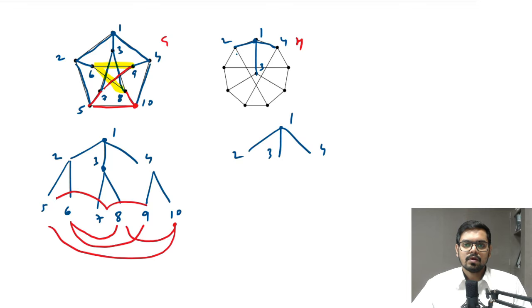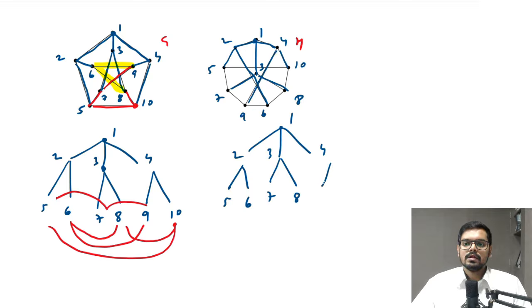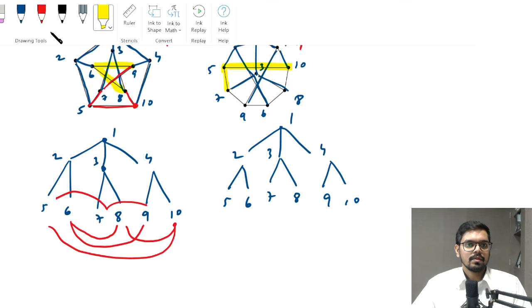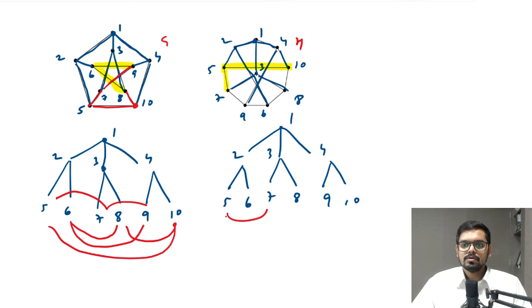Then let me start with 2. 2 is further connected to 5 and 6. 3 is connected to 7 and 8. 4 is connected to 9 and 10. Again, here also I can say this 5 has 7 to 10 edge.